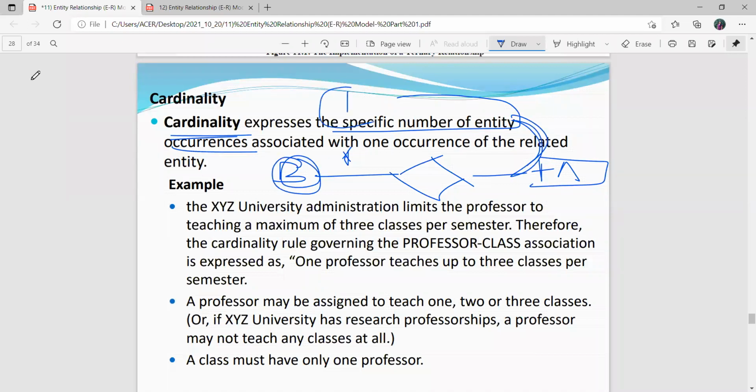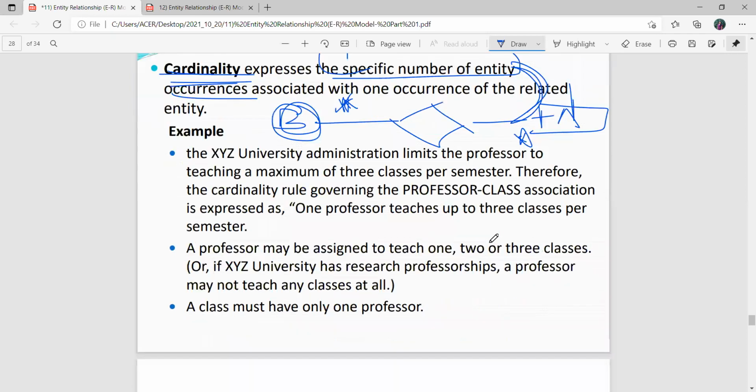This cardinality expresses how many occurrences are available from this side with this entity. Again, you can take the cardinality of this side, how many occurrences are associated from this side with this entity. Likewise, you can define the cardinality.